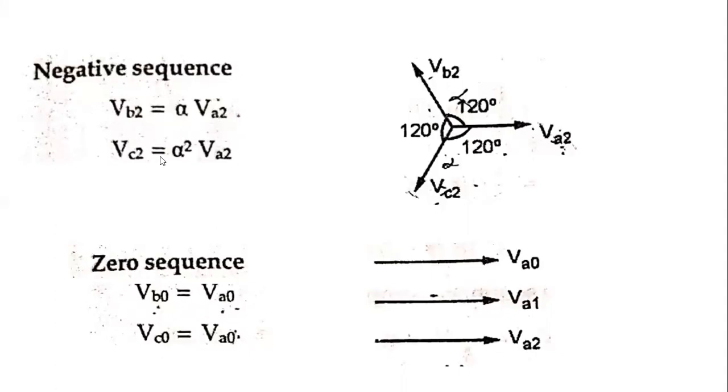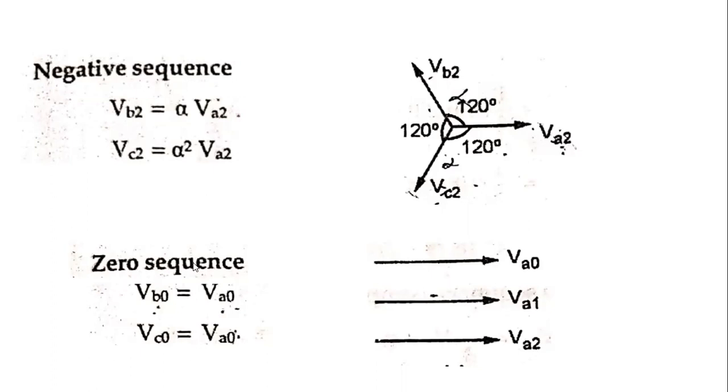Next, VC2 is equal to alpha square into VA2, where alpha square is at an angle of 240 degrees. The angle difference between A and C is 240 degrees, and between B and A is 120 degrees.